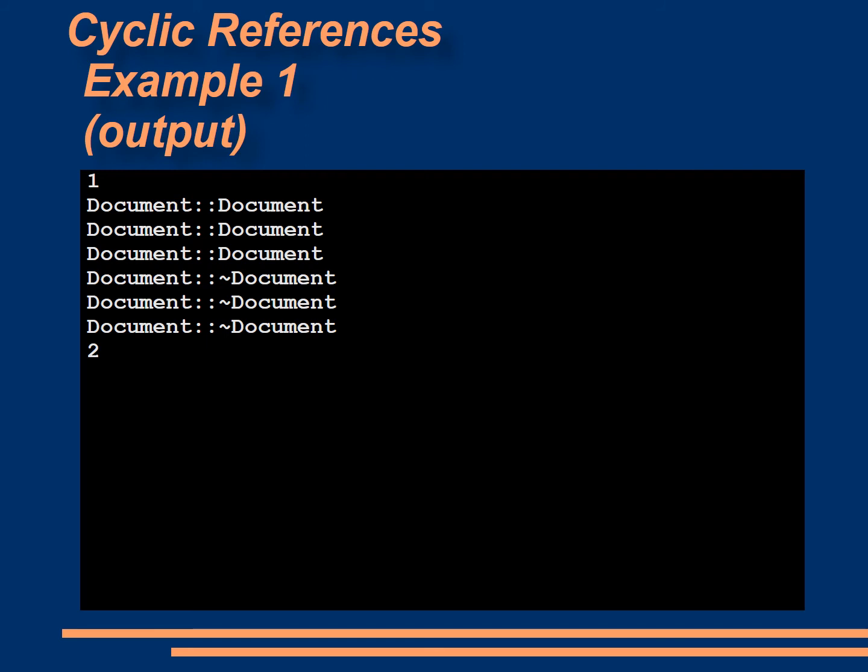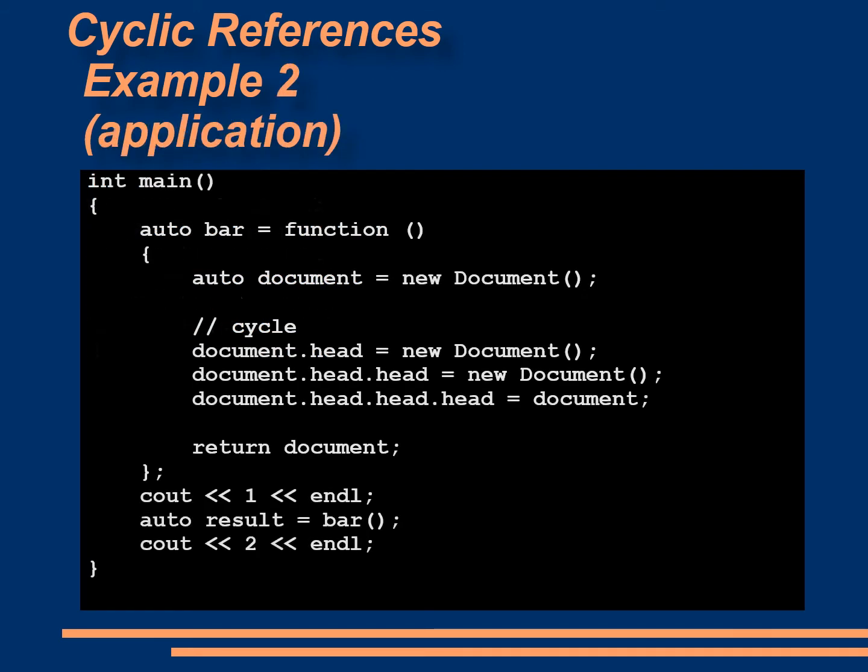We'll see that the cycle is being destroyed before we exit the function. Now here's a second example where we have the exact same thing, except we return the cycle itself to the parent scope.